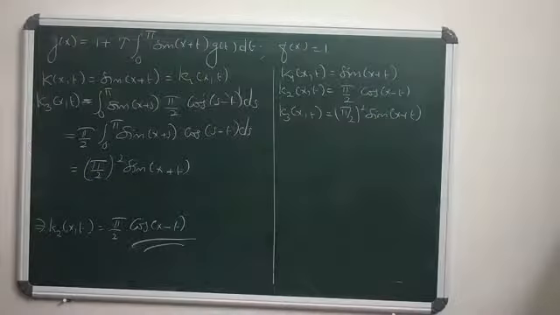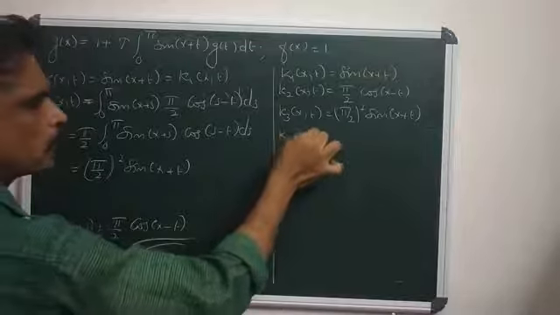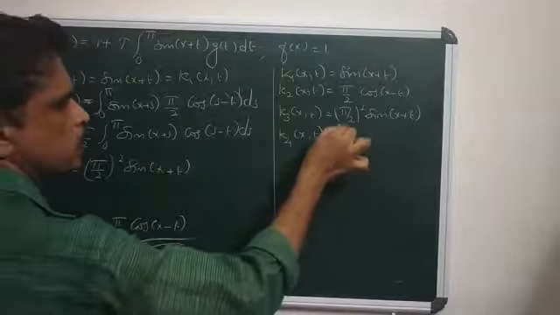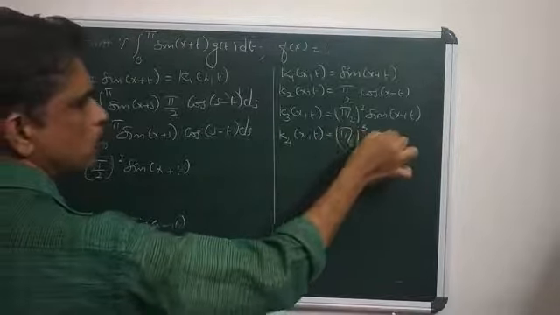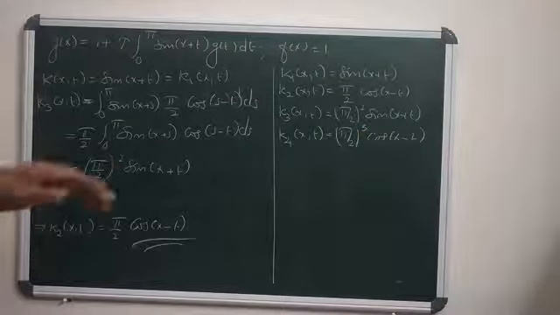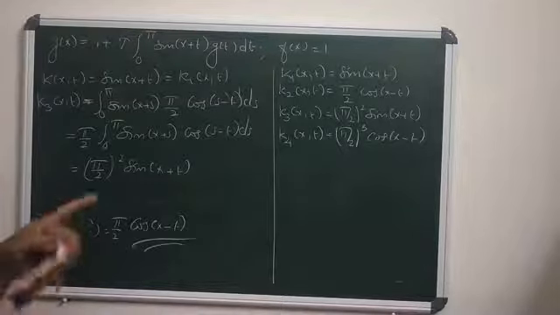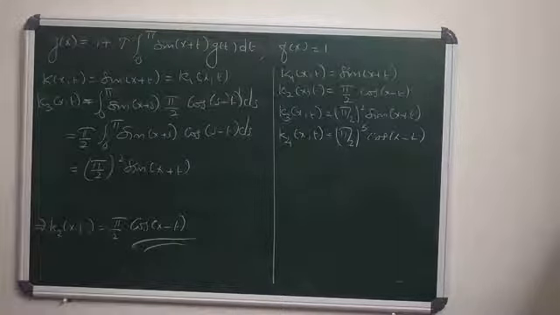Then try to find k4(x,t): it equals (pi by 2) cubed times cos(x minus t), and so on. Repeat these steps. Finally, kn(x,t) equals (pi by 2) to the power n minus 1 times either cos(x minus t) or sin(x plus t), depending on whether n is odd or even.